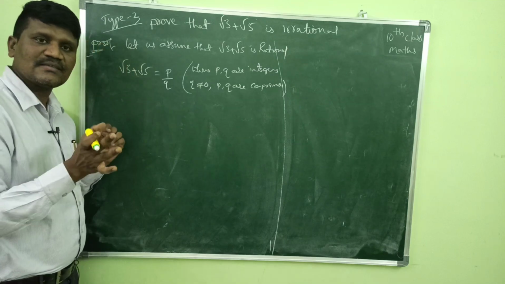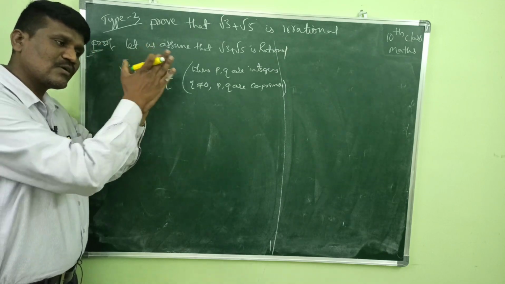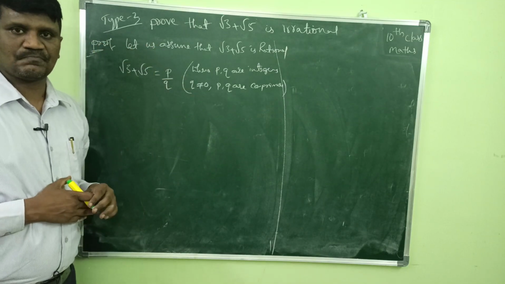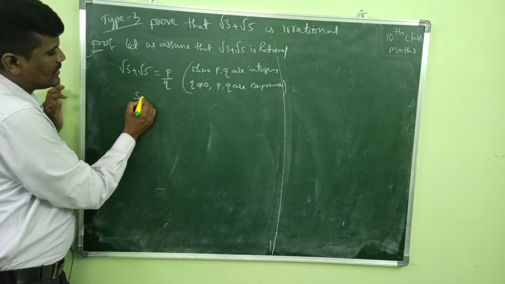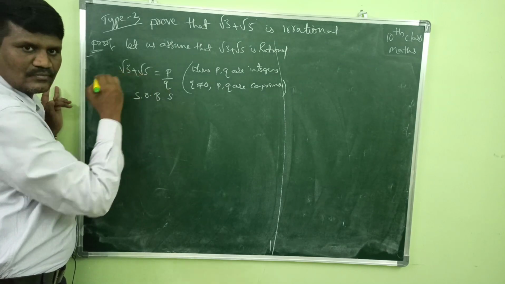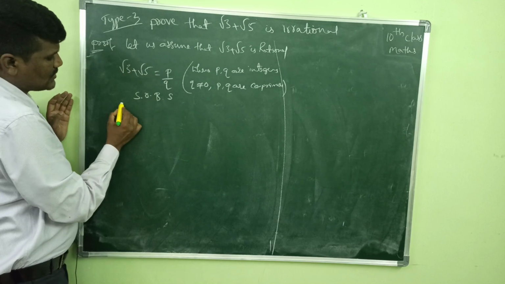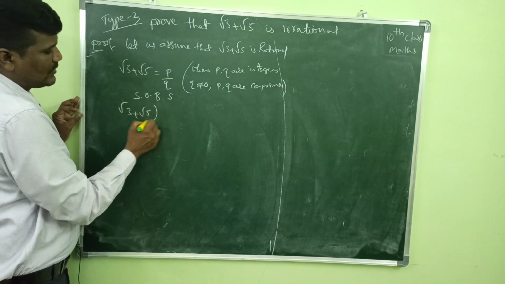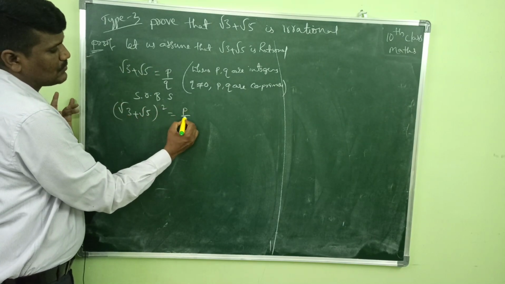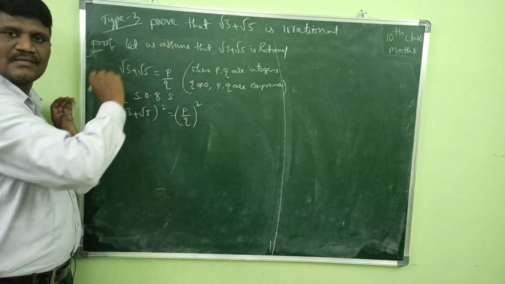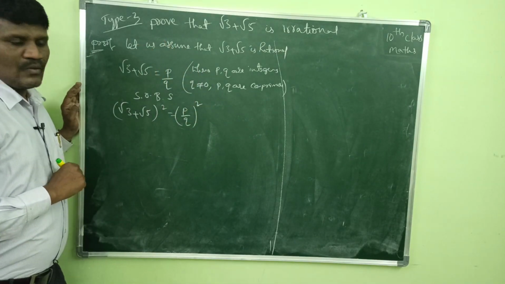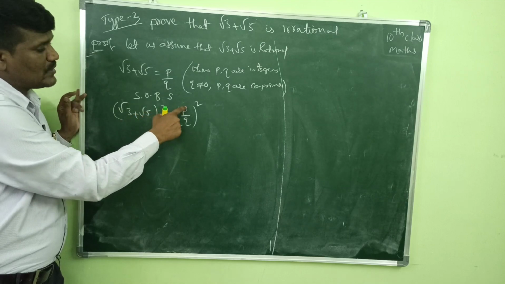If you square both sides, this type 3 problem converts to a type 2 problem. So squaring both sides, you get root 3 plus root 5 whole square is equal to p by q whole square.